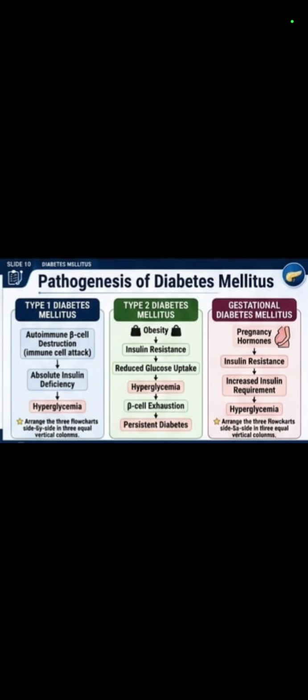They are functioning normally, but the insulin receptors are not taking up the secreted insulin, and there is hyperglycemia. Now coming to gestational diabetes mellitus, due to pregnancy related hormones like progesterone and estrogens, insulin resistance develops. Again, insulin resistance will cause hyperglycemia.